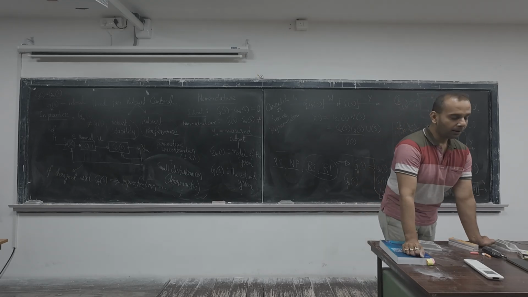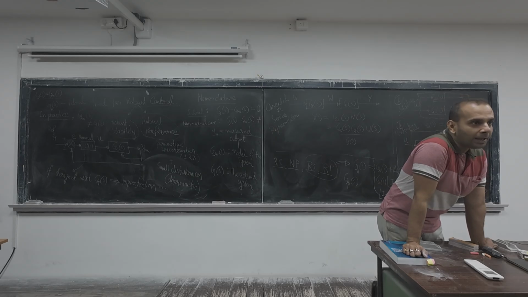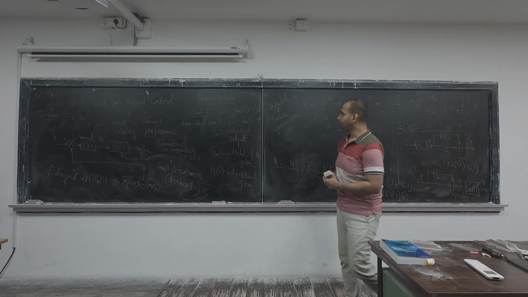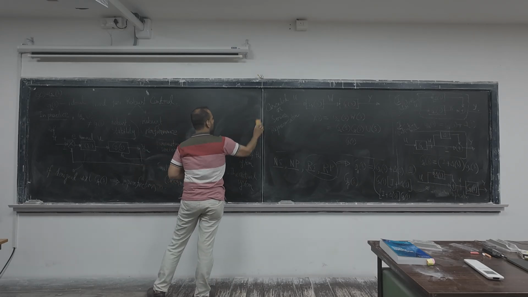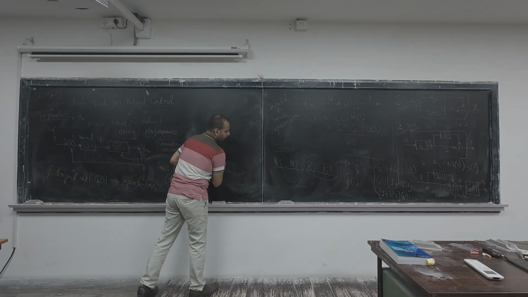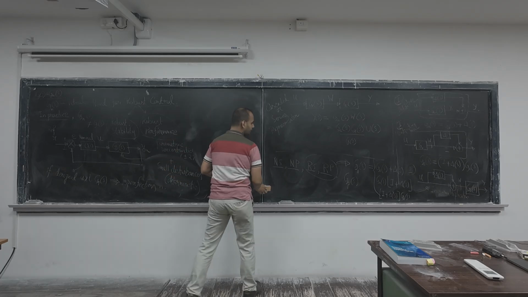Last day, if you remember, I introduced mostly 3 types of uncertainties. What are they, Anika? Please check your copies and tell me confidently. What are they?